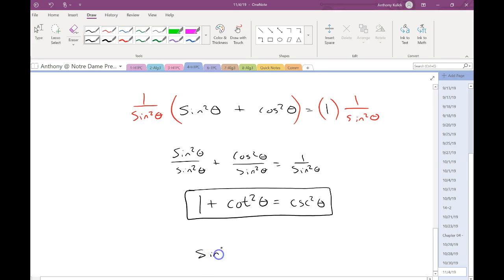And to get my third version, what do you suppose I'm going to do this time? Yeah, I'm going to divide by cosine squared.